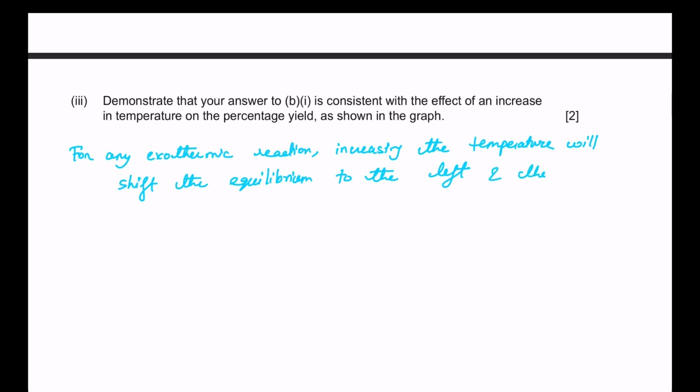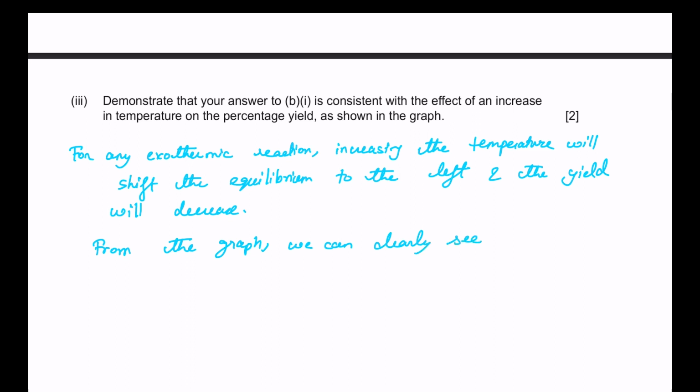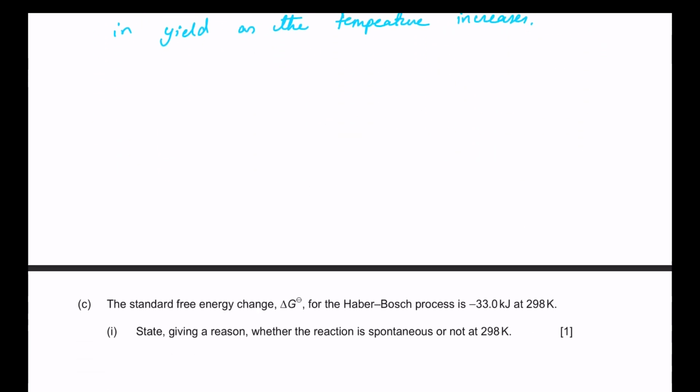And the yield will decrease, obviously, because less products will be formed. From the graph, we can clearly see a decrease in yield as the temperature increases. That's it for this part. Now let's move on to the next one.